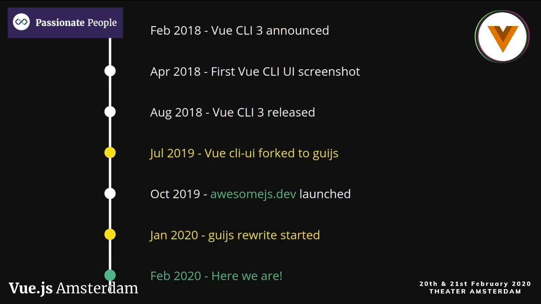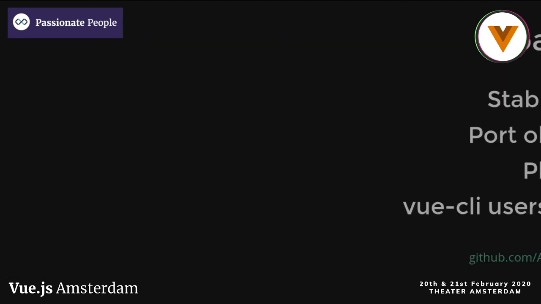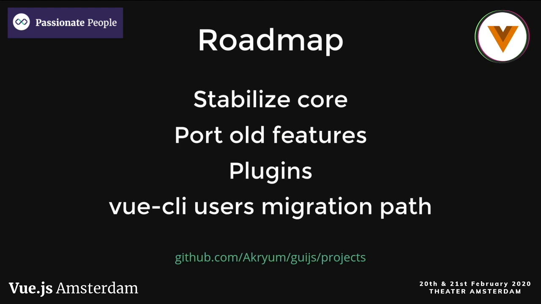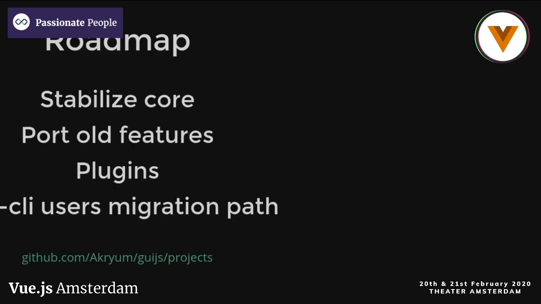And then I thought it was a good idea to rethink also the architecture of the project. That's why I started a rewrite at the beginning of the year. The roadmap is first making it stable and porting back the features from Vue CLI UI to Guya.js, and then supporting plugins, and also providing a good migration path for existing Vue CLI UI users.